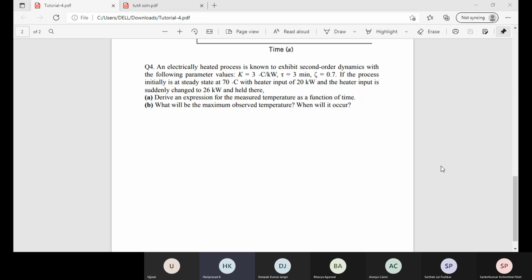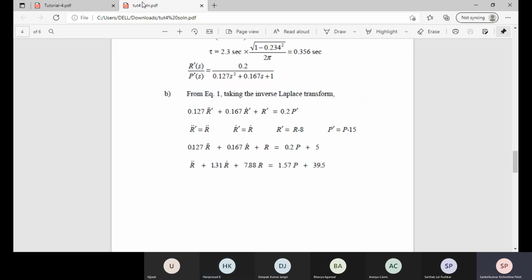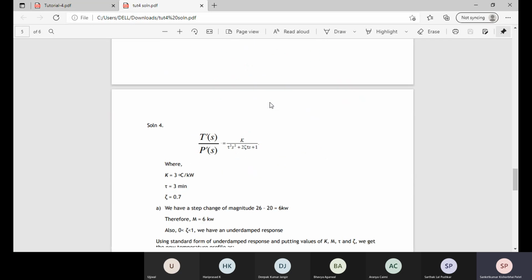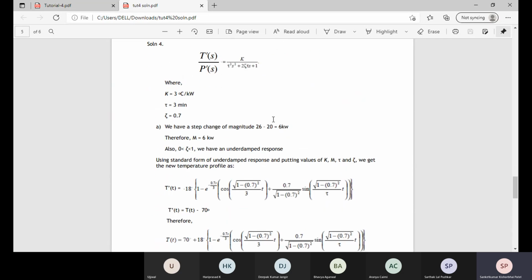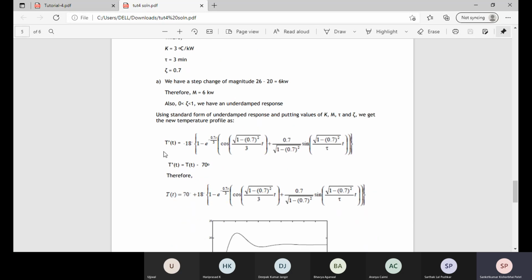So yes, Sanket, please. As sir said, for step change and for second order, we have a standard equation given in the book, that is equation number 7.18. Just plug in the values of tau and zeta.